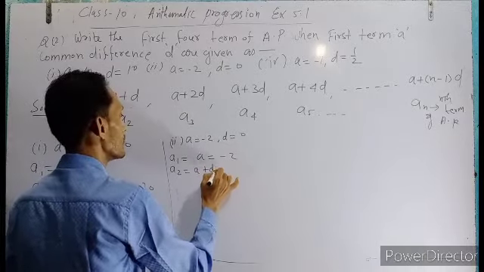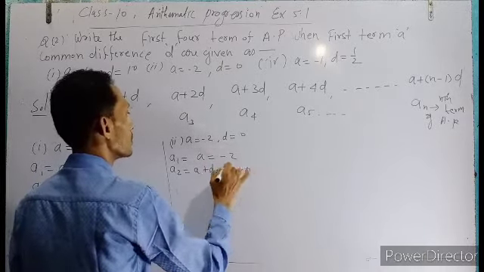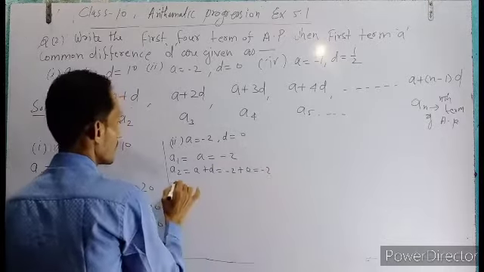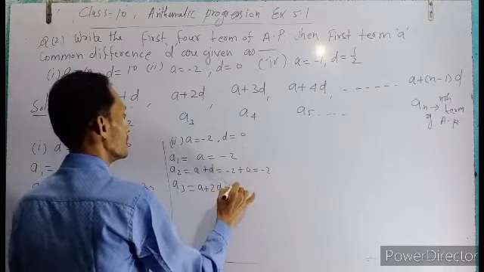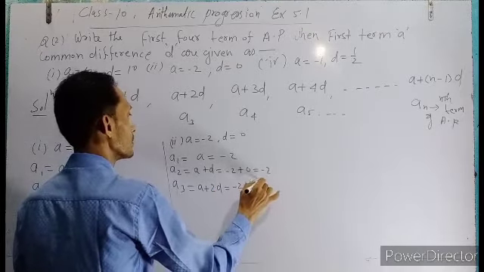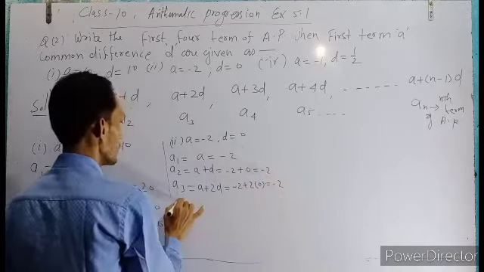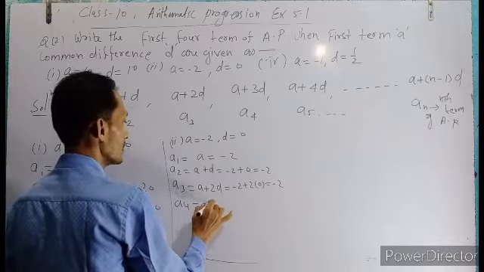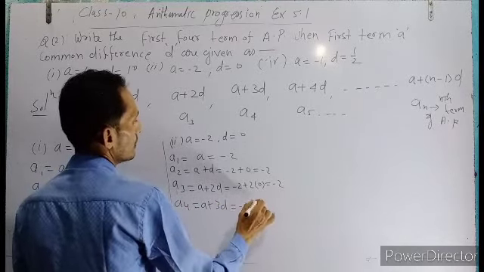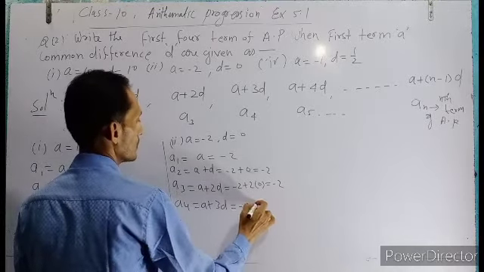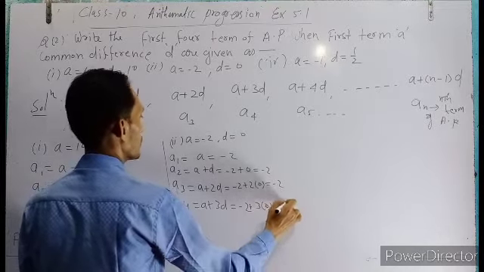A2 equal to A plus D means minus 2 plus 0, that is equal to minus 2. Similarly, A3 equal to A plus 2D, minus 2 plus 2 into 0, that is equal to minus 2. Similarly, A4 equal to A plus 3D, minus 2 plus 3 into 0, that is also equal to minus 2.